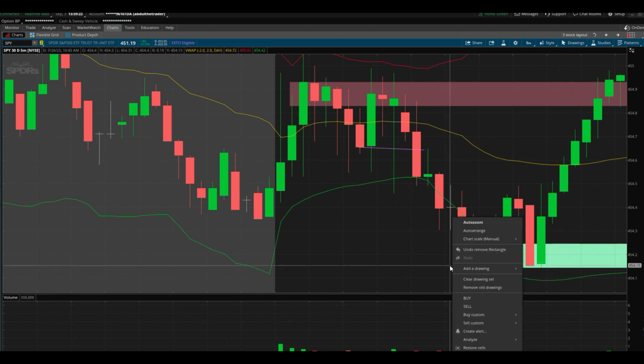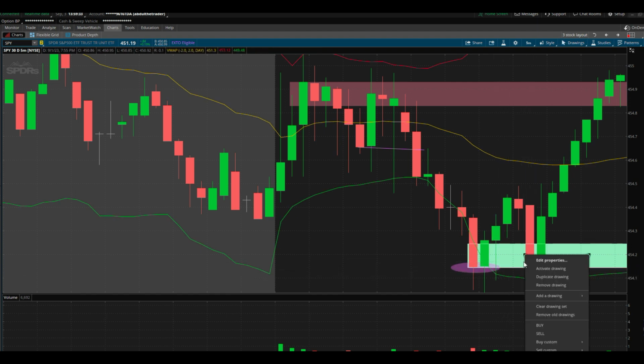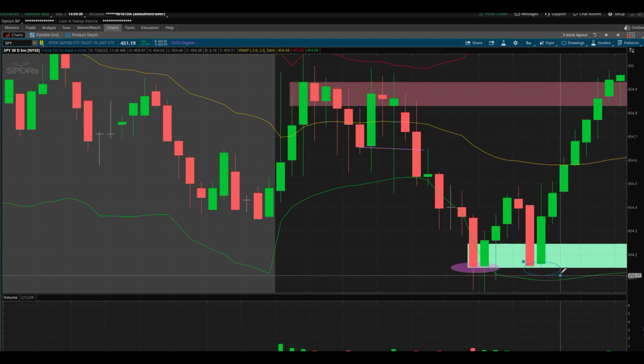So let me go ahead and give you a clear indicator here: agreements in price, as well as here. Is it also agreements in price?